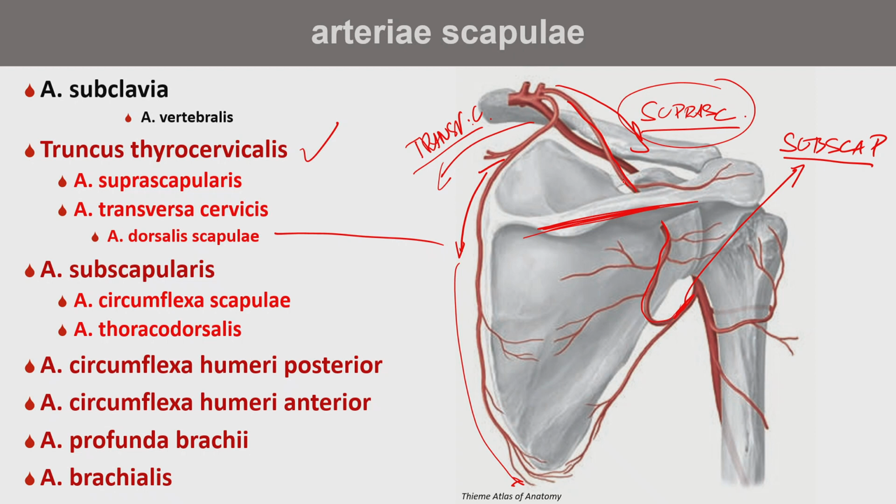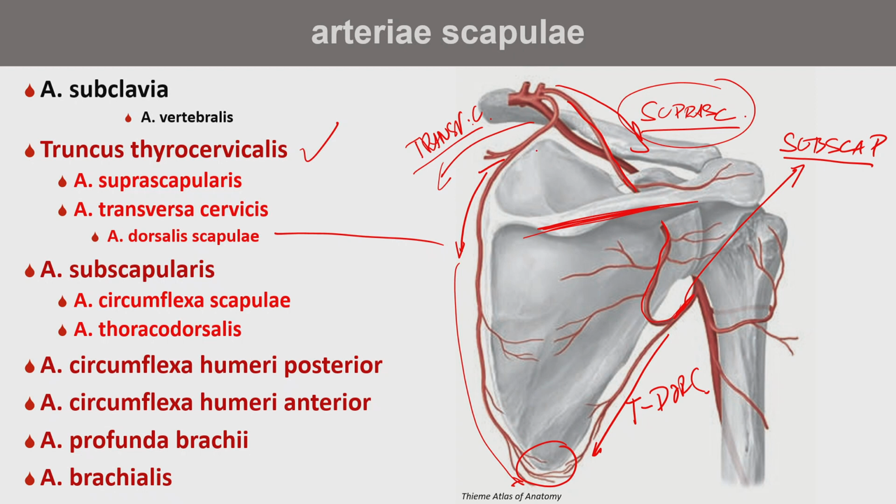It is important that there is a circulation circle around the whole scapula, because the next branch goes dorsally and is called the thoracodorsal artery, and this thoracodorsal artery is connected here.